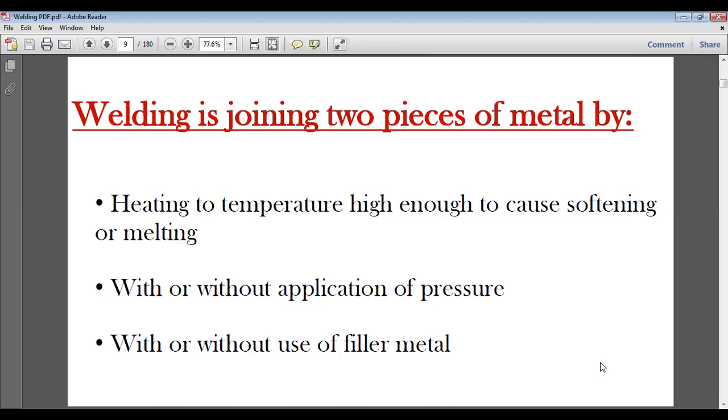So the first element is heating, or heat of fusion. Second is pressure, and if pressure is not applied, then filler metal must be applied.